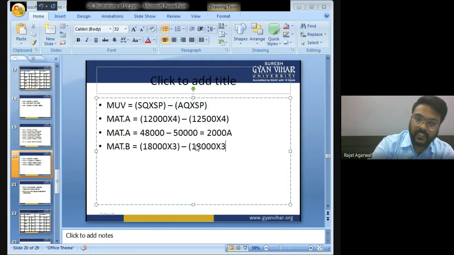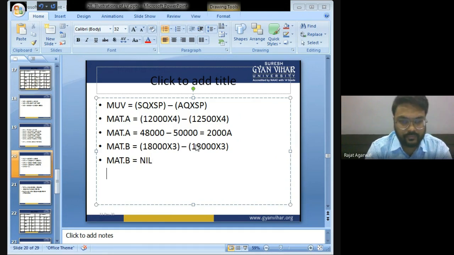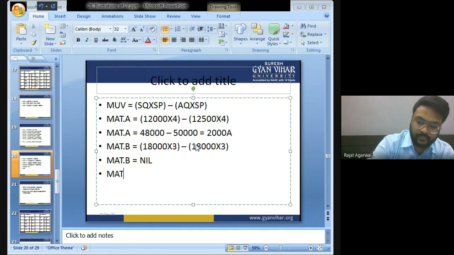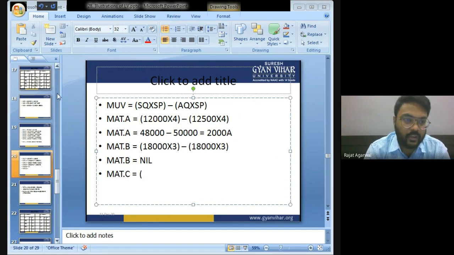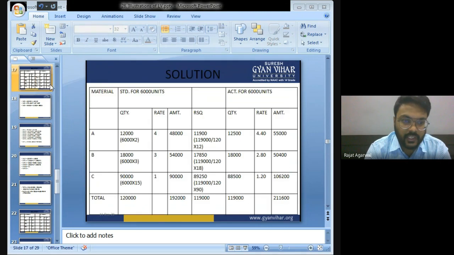Standard price is 3. Answer will be nil. Standard quantity of C is 90,000.